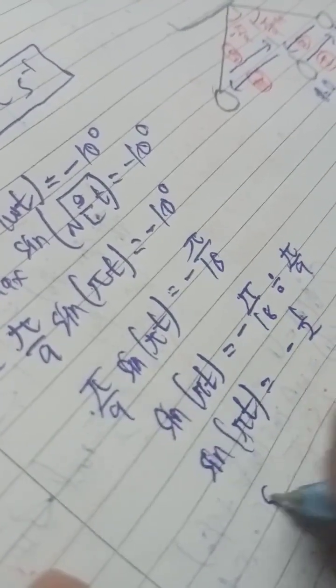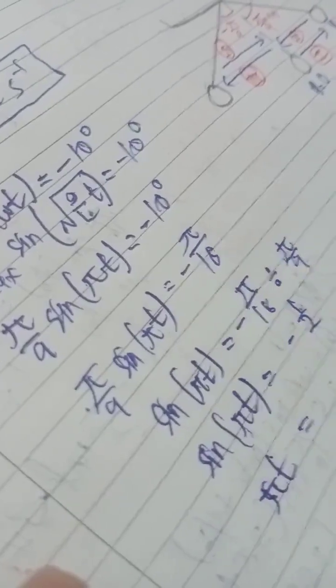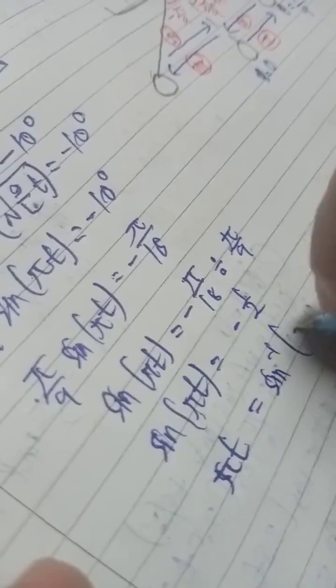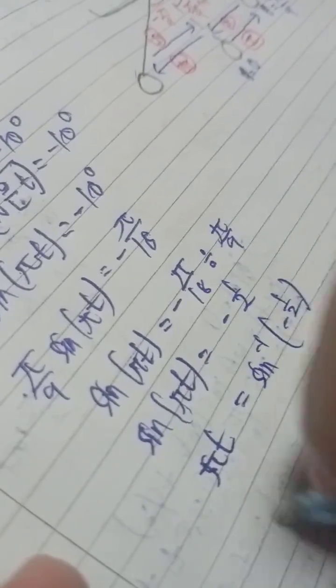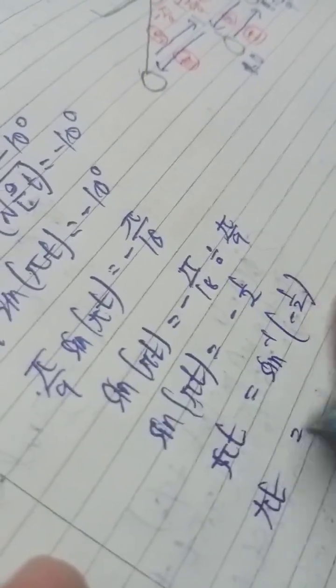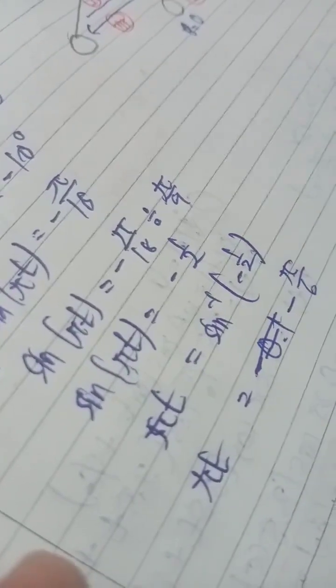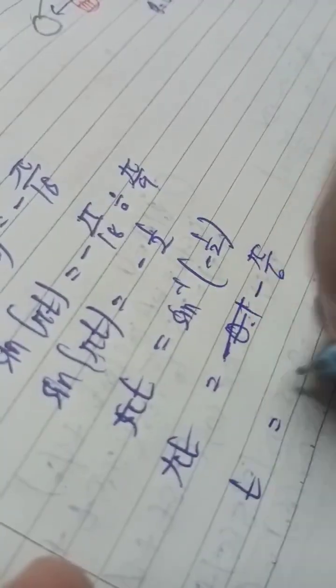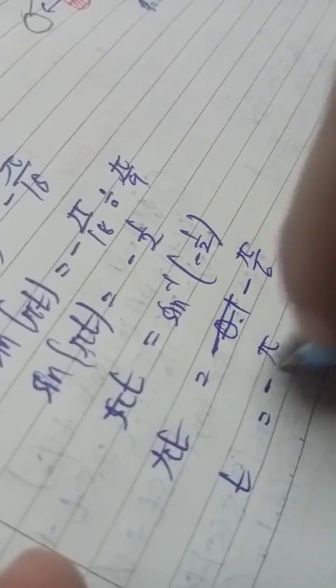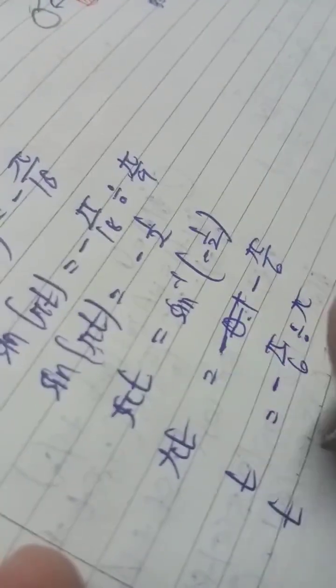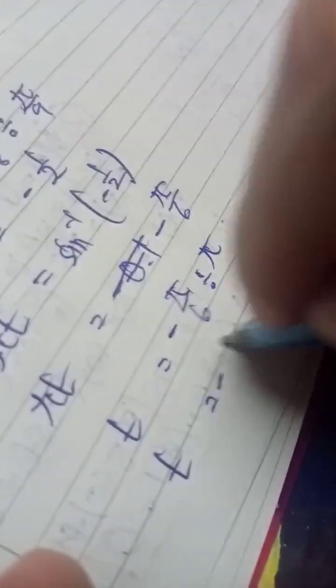And then pi t is equal to sine inverse of negative 1 over 2, and we get that pi t is equal to negative pi over 6. Then t is equal to negative pi over 6 divided by pi. So we get that t is equal to negative 0.167 second.